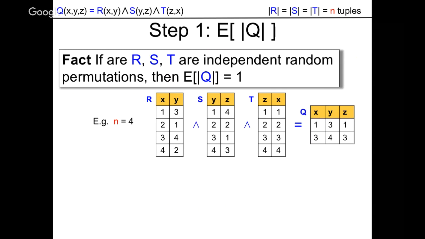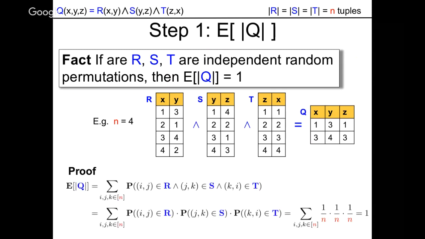How do we compute the number of expected triangles? It's a simple exercise. We sum over all possible triangles the probability that that triangle actually occurs in the input, which is the probability that ij is in R, jk is in S, ki is in T. At this point, we use independence, an important step.